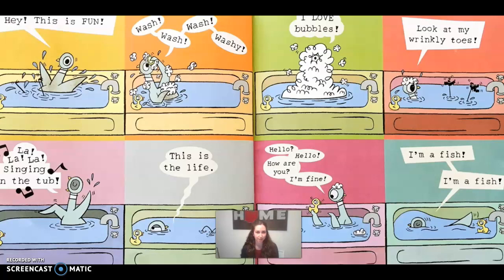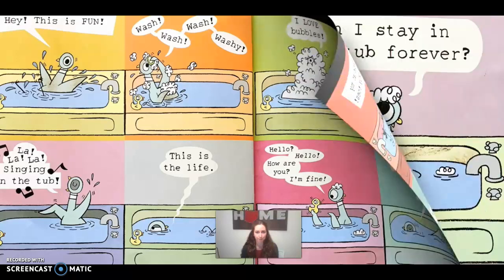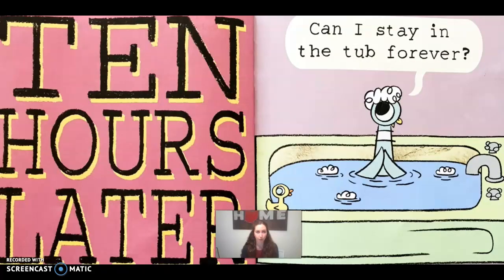Hey, this is fun. Wash, wash, wash, washy. La la la, singing in the tub. This is the life. I love bubbles. Look at my wrinkly toes. Hello, hello. How are you? I'm fine. I'm a fish. I'm a fish. 10 hours later. Can I stay in the tub forever?